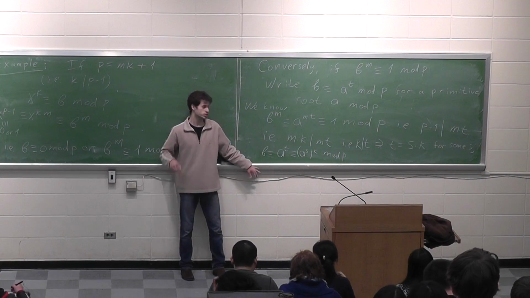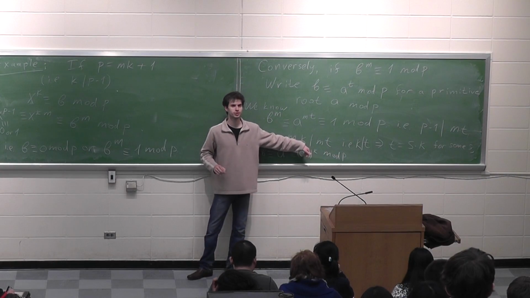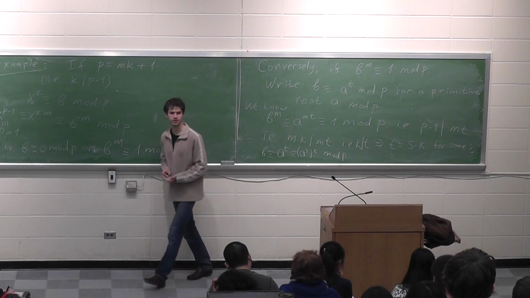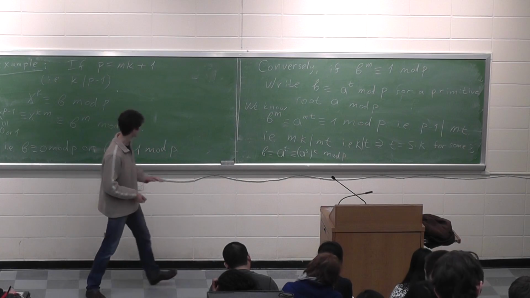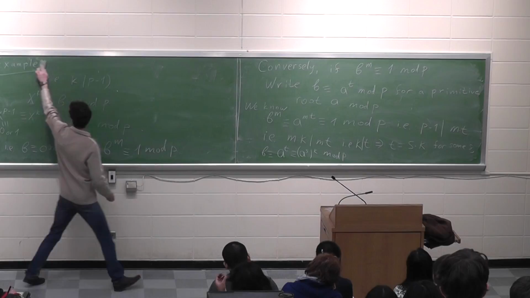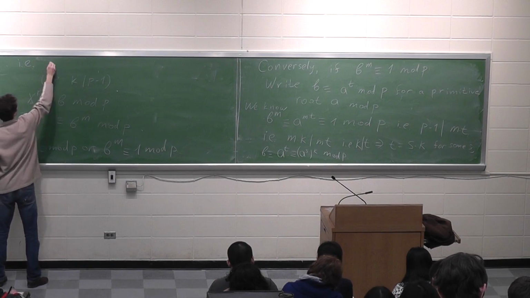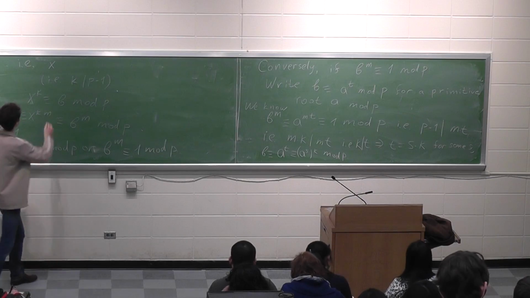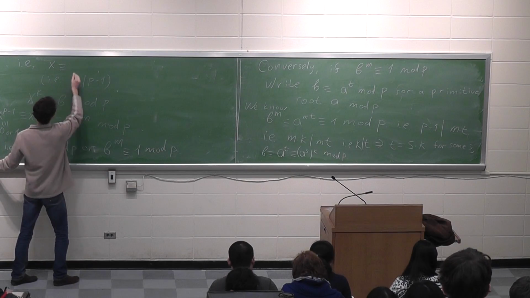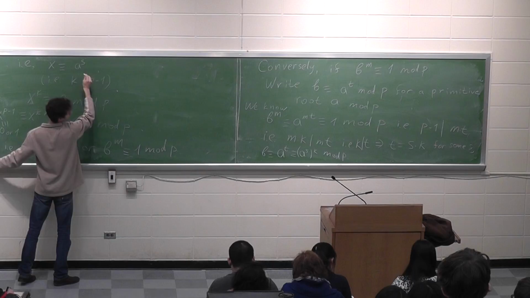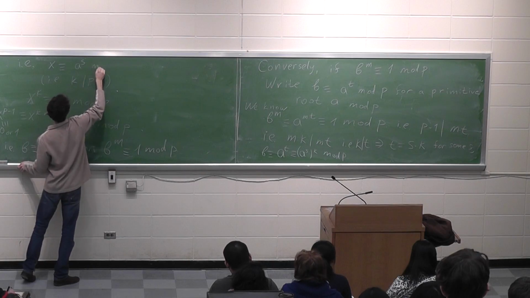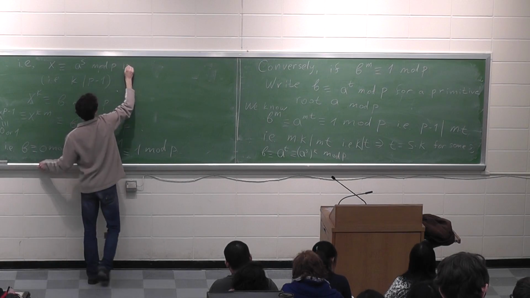And you see that, yes, you do get at least one solution. Here it is, a to the power s. x equal to a to the power s is the solution.